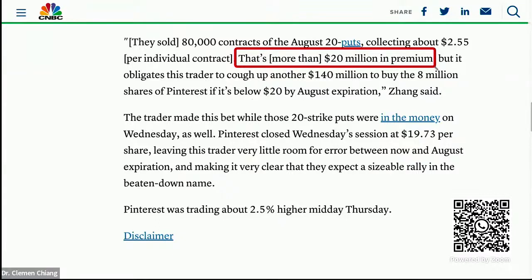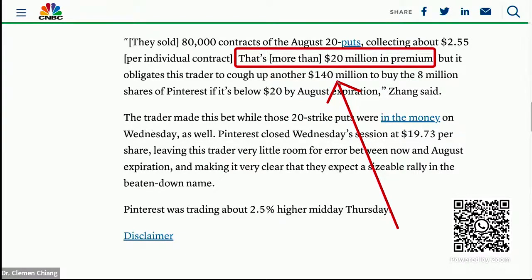I never heard anything like this before. And just assume this article is true. It means that it obligates this trader to cough up another $140 million to buy the 8 million shares of Pinterest if it is below 20, which is the strike price, by August expiration.